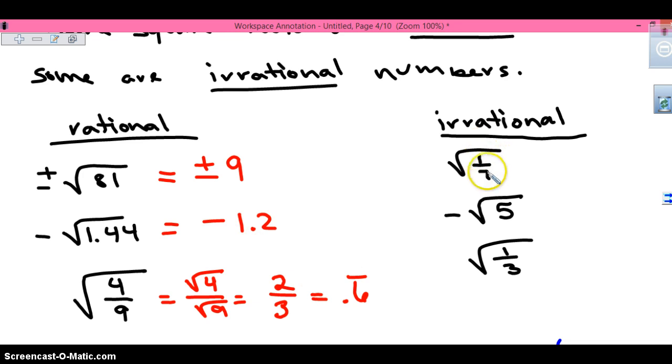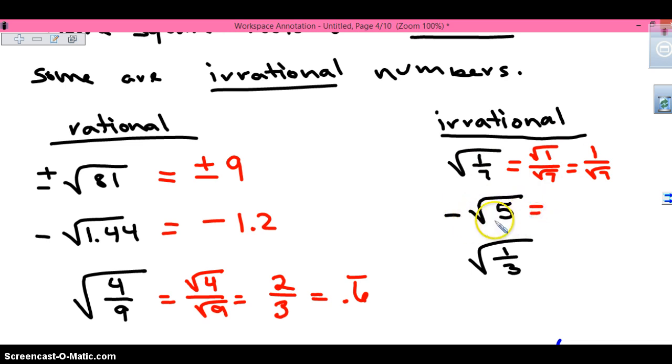Now if we look at what would be irrational, the negative square root of 1 over the square root of 7 would be irrational, because this means 1 over the square root of 7. The square root of 7 is a decimal that does not terminate and does not repeat. So this would make it an irrational number. Now, why is the negative square root of 5 irrational?